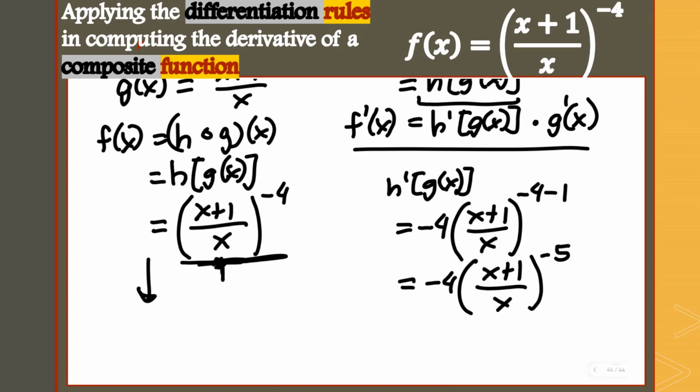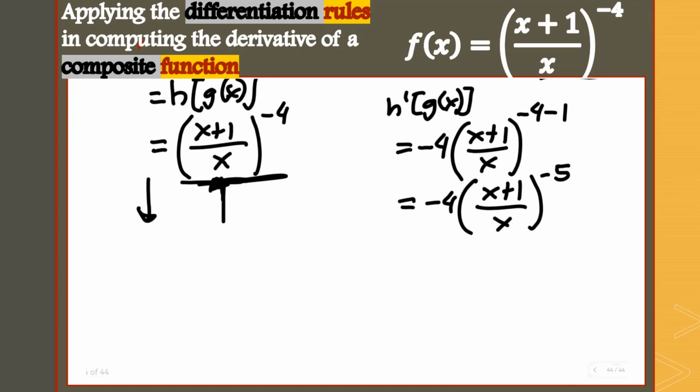Let's stick to this in the meantime, not multiply or distribute that here, because we also need to look into the second component of the chain rule, which is the derivative of g of x. And since that is a rational function, we're going to use the rule for differentiating a quotient of functions.